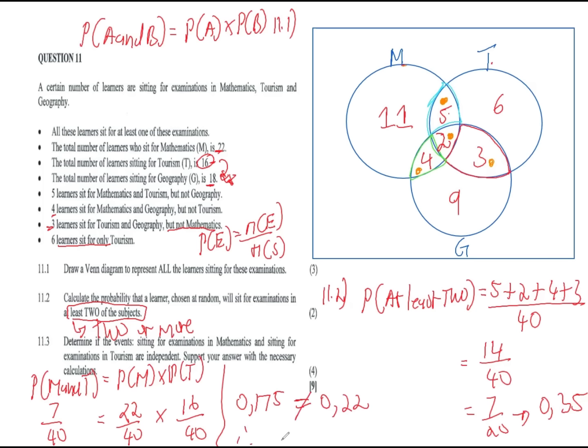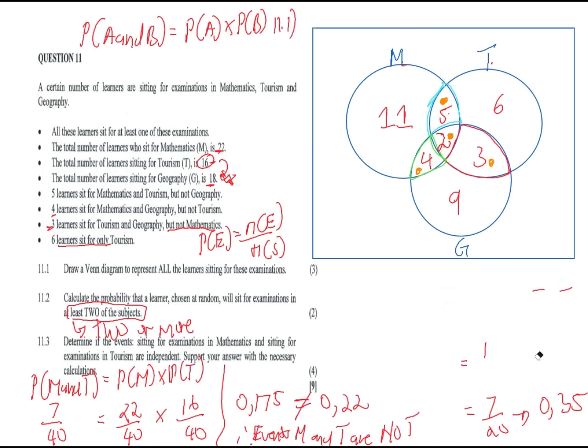This means events M and T are not independent, right? Remember, they're only independent if the 2 will be equal.